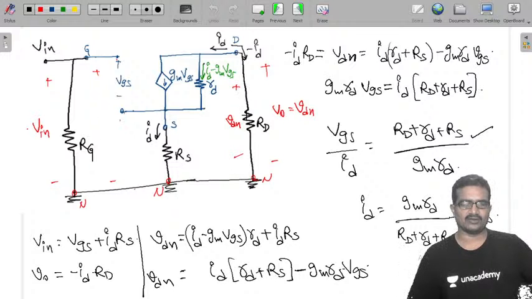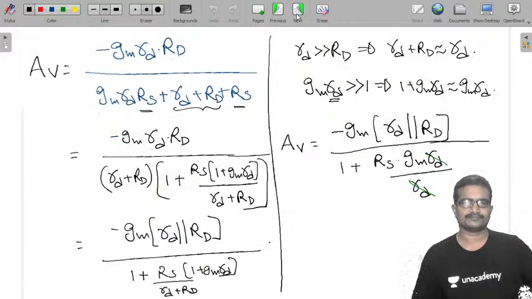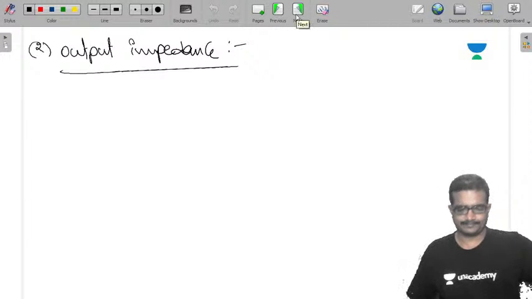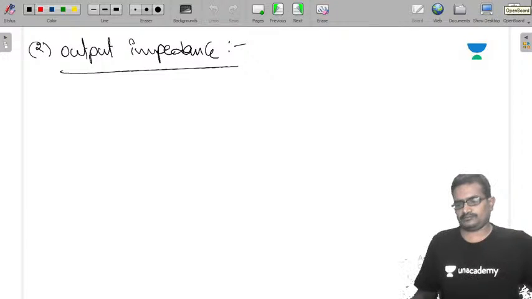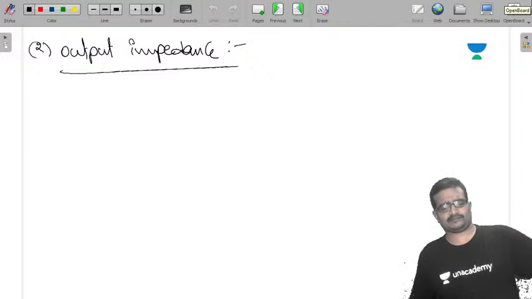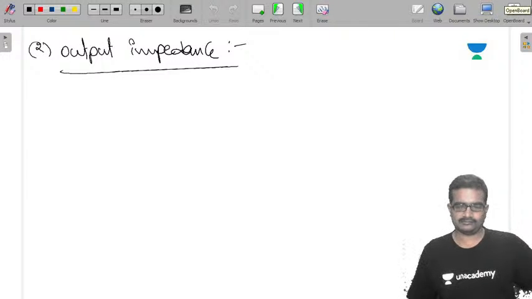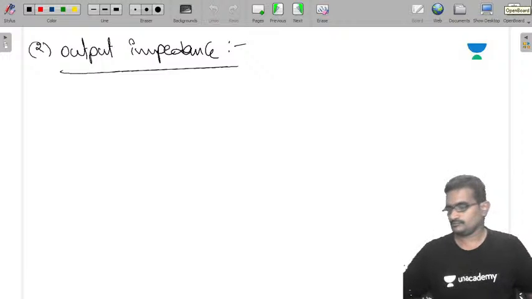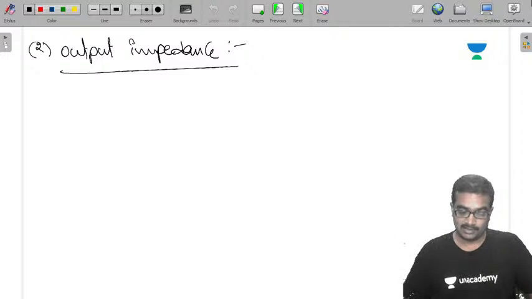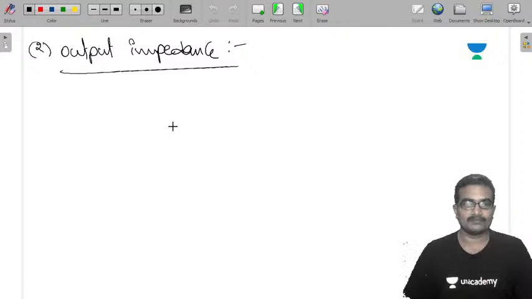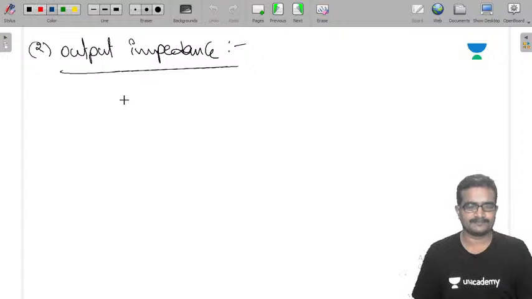In this, the external load I am disconnecting, and making V input equal to 0. Now I'm taking that circuit.